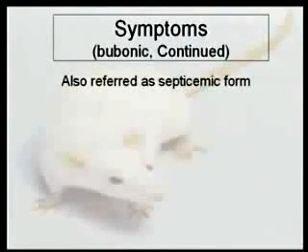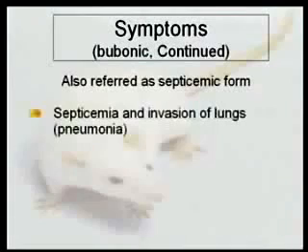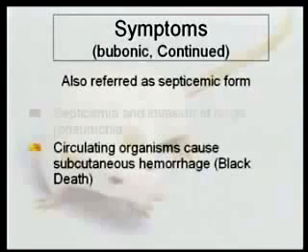Spreading from the lymph nodes, local infection, to the lungs, they will obviously be in the septicemic stage, the blood stage, referred to as the septicemic form. Circulating organisms can cause subcutaneous hemorrhage and black death. It is also referred to as black death.